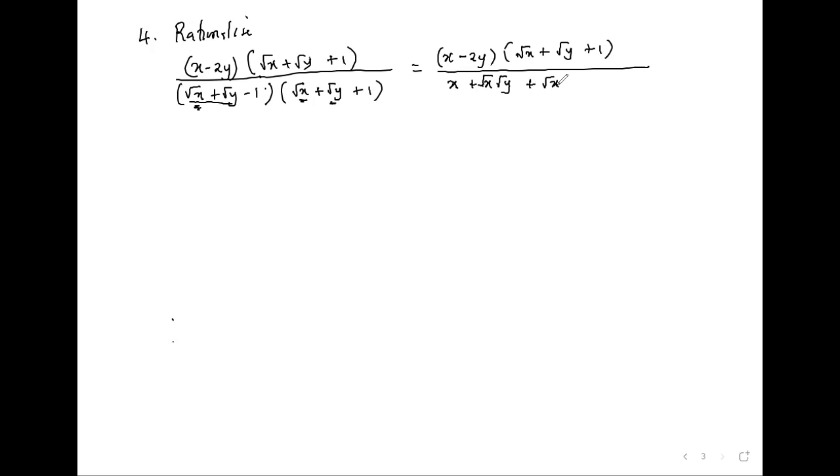Then we come back and multiply by root y. So plus root x root y, and then plus y, and then plus root y, and then minus root x, and then minus root y, and then minus 1. So you see that this part and this part will go, this one and that one will go.